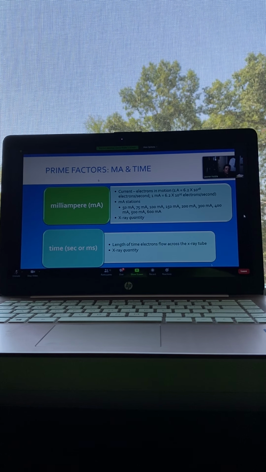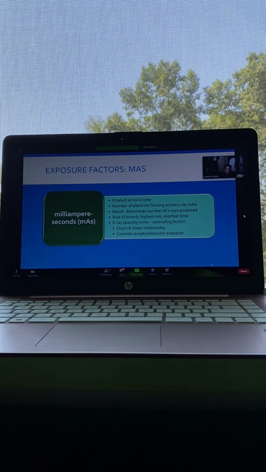And then the exposure time, that's in seconds or milliseconds, and that's the length of time the electrons will flow across the tube. So the MA and the time gives us the X-ray quantity. When you multiply MA and time, assuming that time is given in seconds (if it's in milliseconds, you have to convert to seconds first), you get mAs.